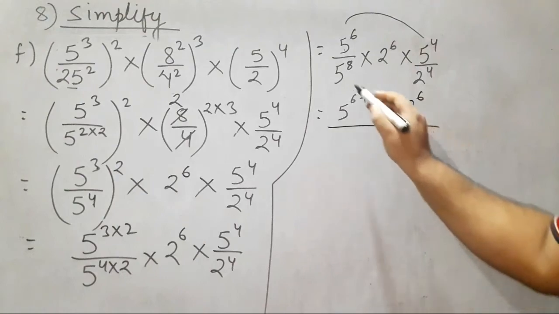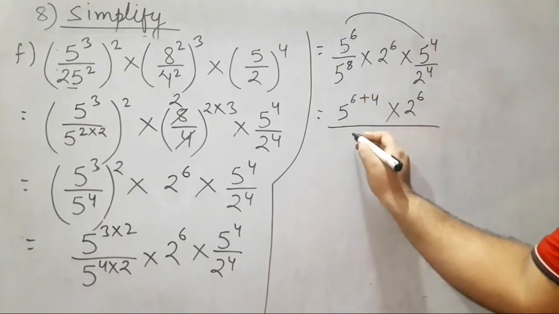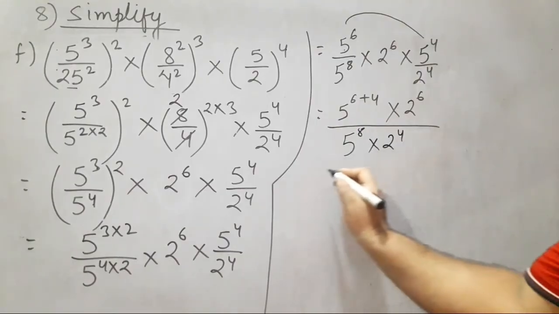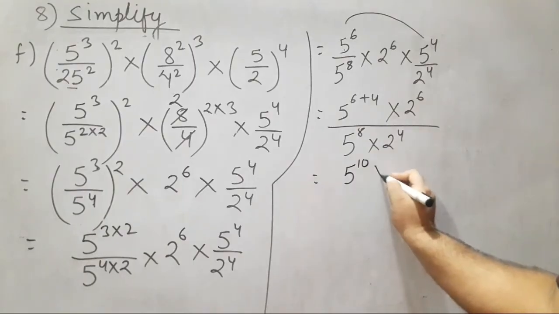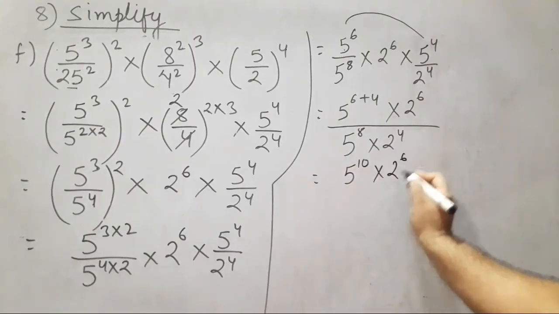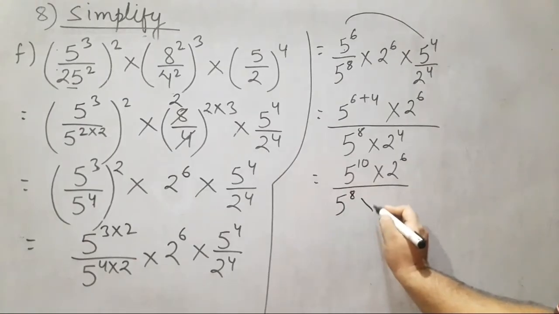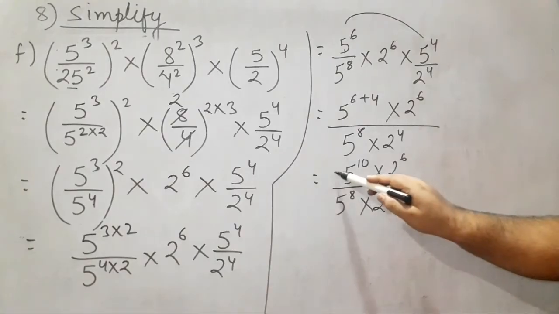By 5 power 8 into 2 power 4 into 2 power 4. 5 power 10 into 2 power 6 by 5 power 8 into 2 power 4. Same bases are divided.